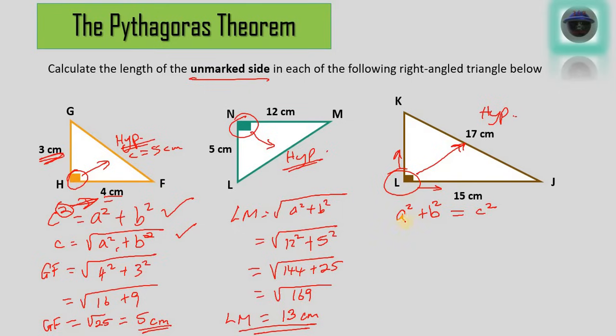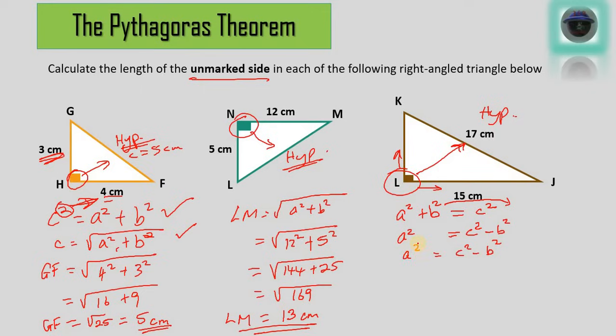So we're going to treat A as the side we're trying to find. Therefore, we're going to transpose this plus B squared over to the other side. Based on changing the subject of the formula, A squared is equal to C squared, and the plus B squared goes over as a minus B squared. And so we have A squared equals C squared minus B squared.